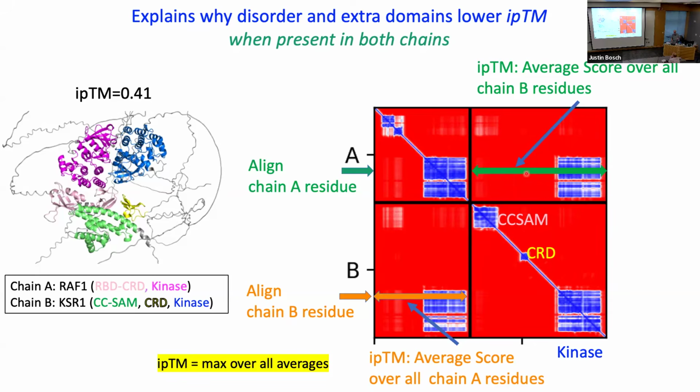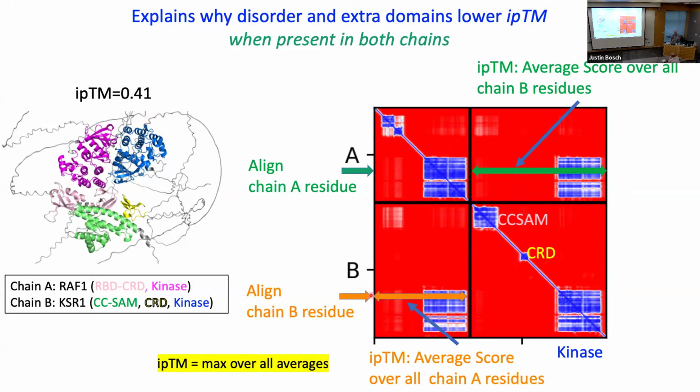I'm evaluating over a lot of disorder, 600 residues of disorder and 300 residues of order. And so I'm going to get a lot of 0.9s for the ordered part and a lot of 0.1s for the disordered part. Same thing if I align on a residue in chain B and I score only chain A, half of it is disorder and half of it is order, 300 and 300 residues. And so the ipTM comes out about 0.4.